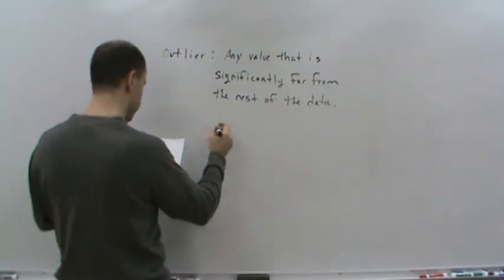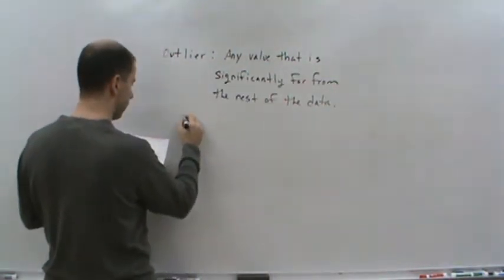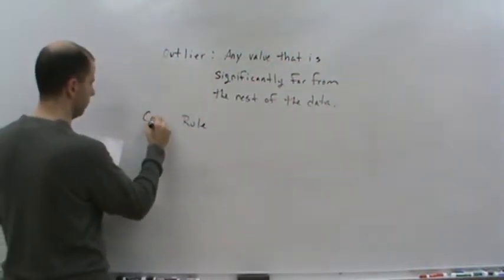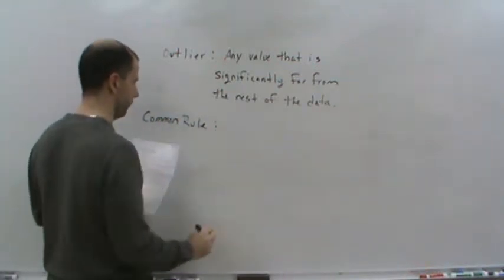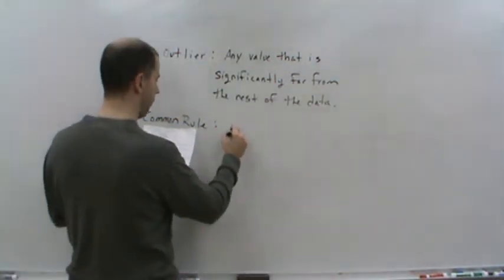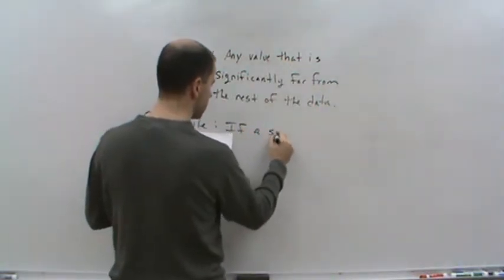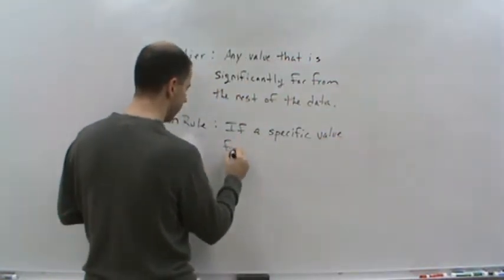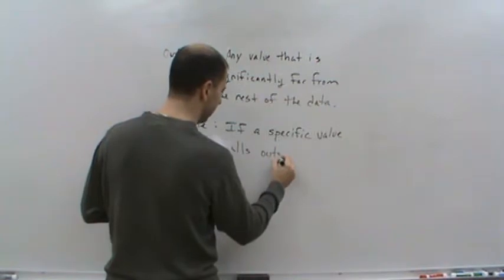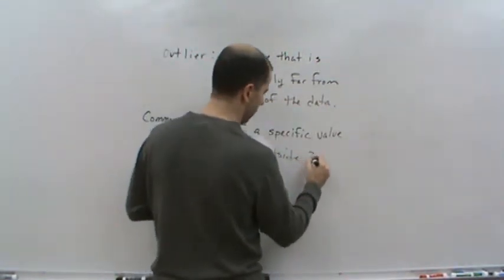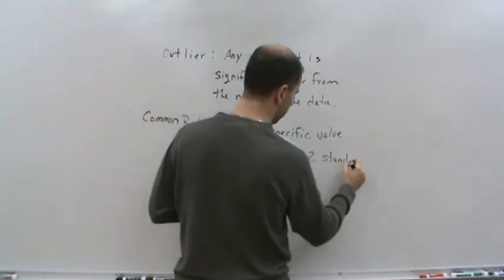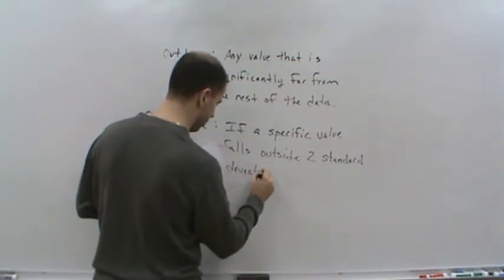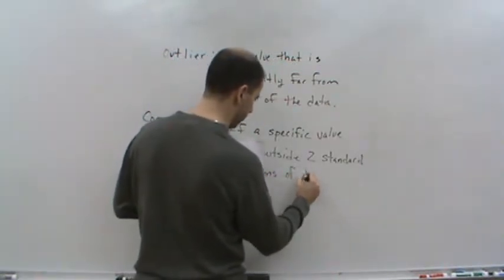Here's one common rule: if a specific value falls outside 2 standard deviations of the mean.